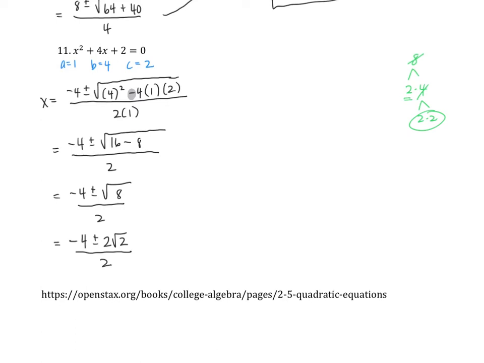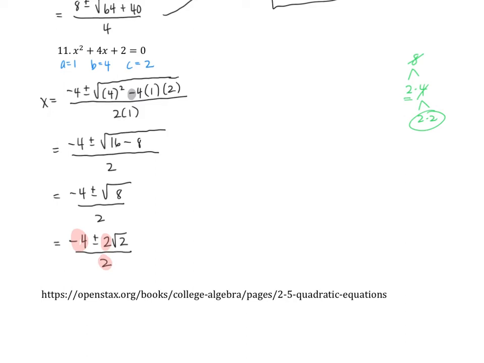Now to see if I can reduce. Remember, you cannot reduce with just the radical term, because you don't have anything in front of the square root to reduce with. Let's look for this triangle. Do I have things that can reduce for all of these? I'm looking at the -4, the 2, and the 2. All of those have a 2 in common, so I can divide them all by 2.